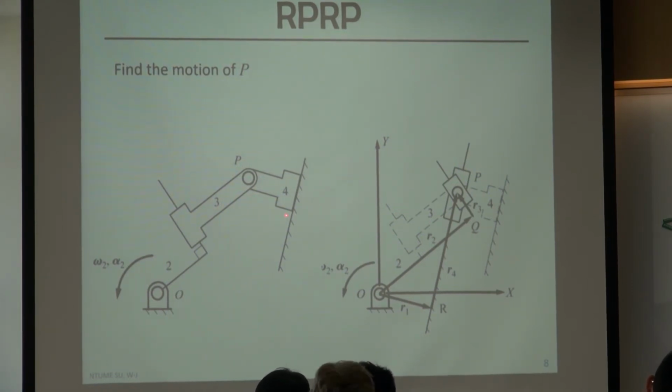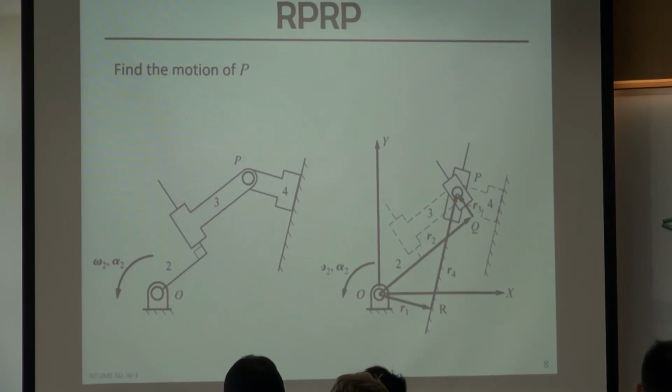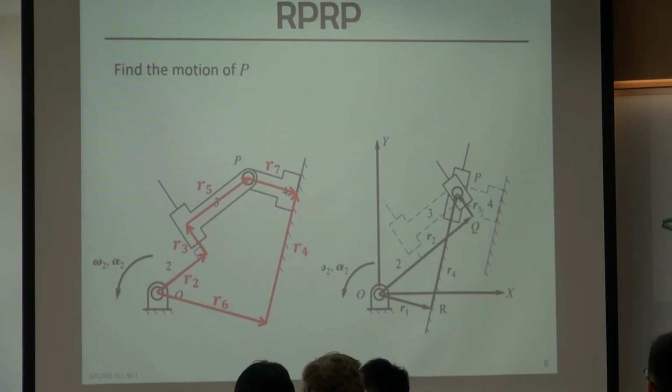This one is a bit more complicated. So how should we draw the vector loop? Actually, there is more than one way you can do this, but let me show you my solution first.